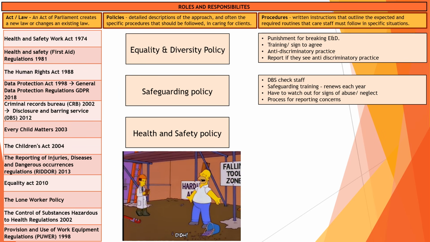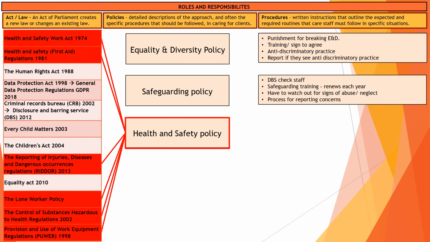The next one we have are health and safety policies. Health and safety policies relate to a lot of different policies on this list. So the health and safety ones, obviously RIDDOR, Lone Worker Policies, COSH and PUA. So again, all of these relate to the idea about making sure people are safe within the sector.